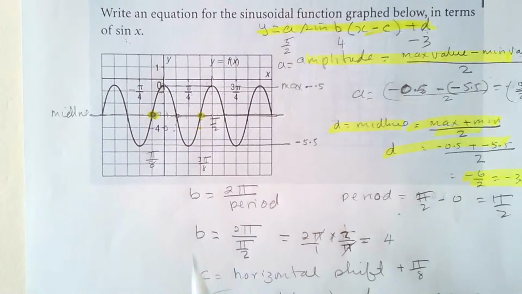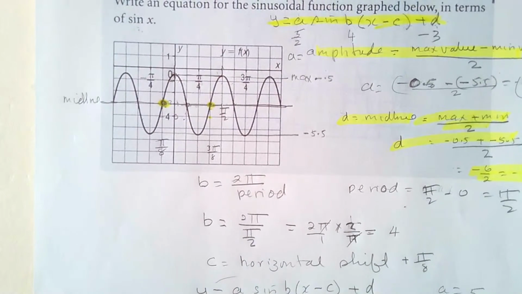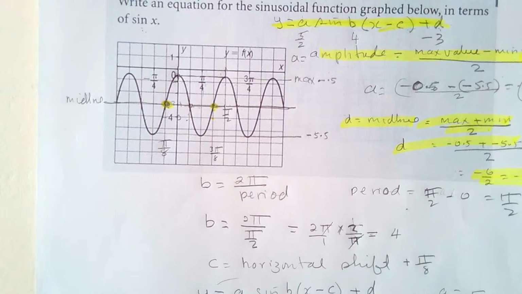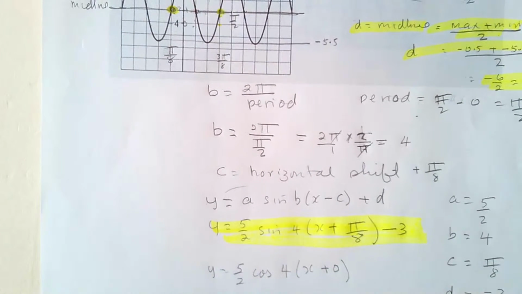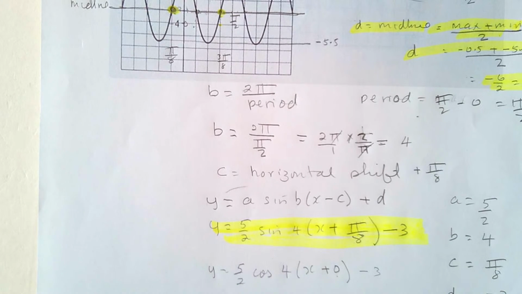If I were to write this as a cosine function, which you could, it's going to be y is equal to 5 over 2 cos 4x, now plus 0, because there's no shift, minus 3. This would be the cosine, and it would be the exact graph. So that's sketching a cosine, using a sketch to determine the equation.